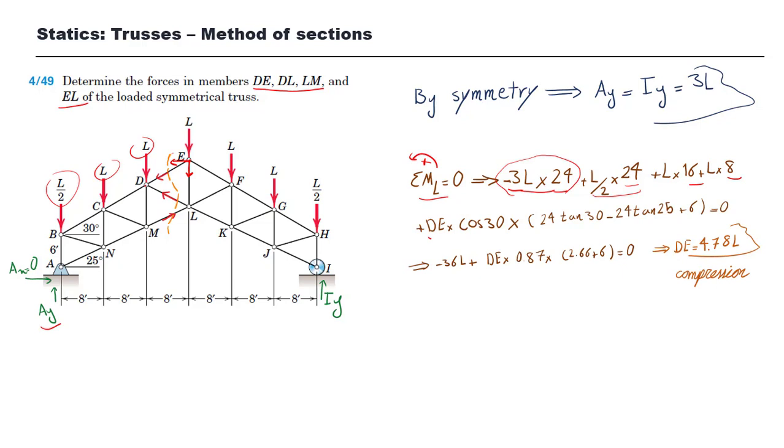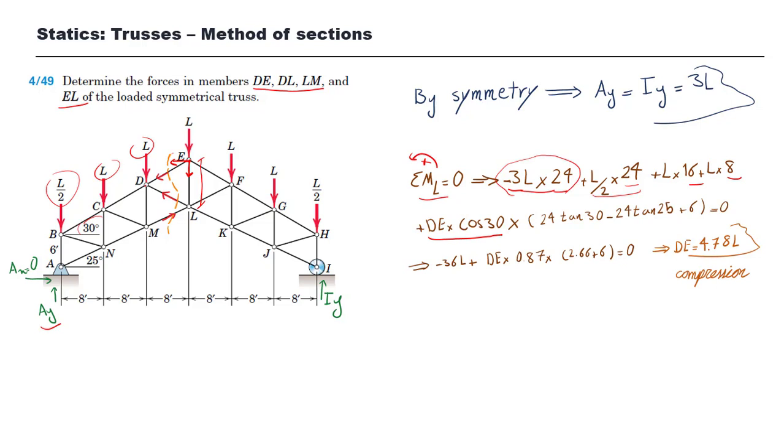The horizontal component of DE is equal to DE times cos 30, which is this angle. And in order to calculate the amount of moment caused by DE, we need to know this distance.